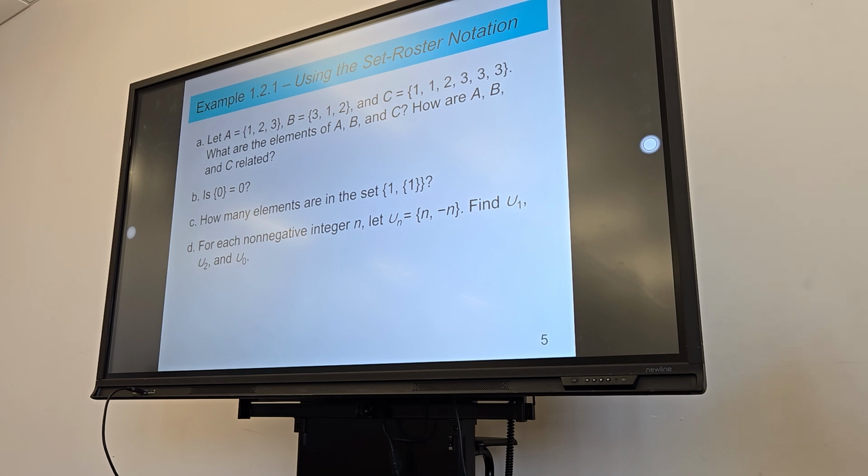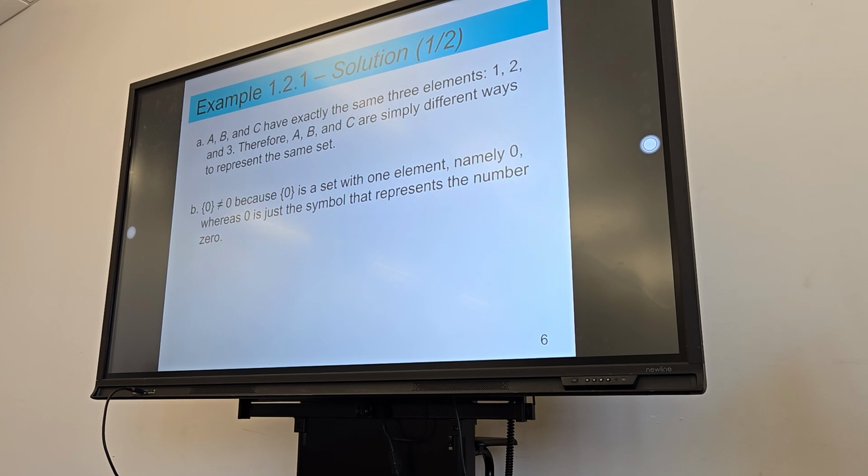As a little exercise, for each non-negative integer n, let U sub n equal the set {n, −n}. What is U1, U2, and U0? We already went over this. The A, B, and C have the exact same three elements, 1, 2, and 3. Different ways of representing the same set.